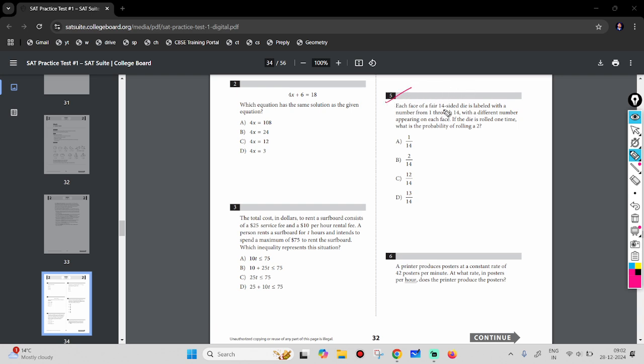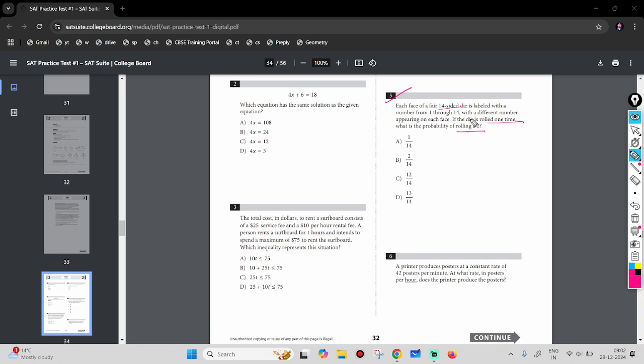Each face of a 14-sided die, there is a die which is 14-sided. Normally, we have a die with 6 sides. This one has 14 sides, labeled with numbers 1 through 14. Obviously, every face has a different number. Now, if the die is rolled one time, what is the probability of rolling a 2?